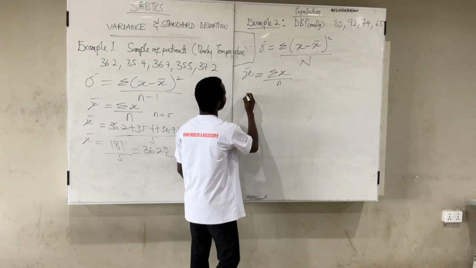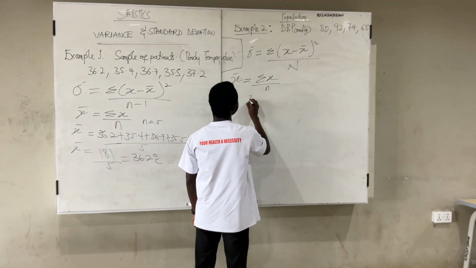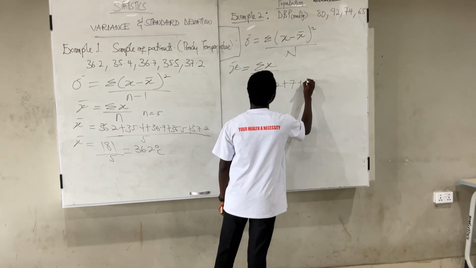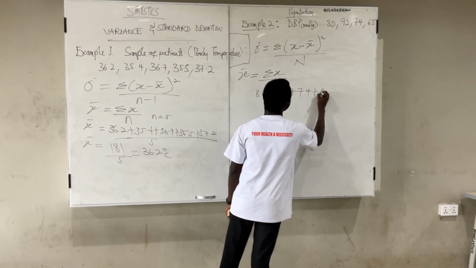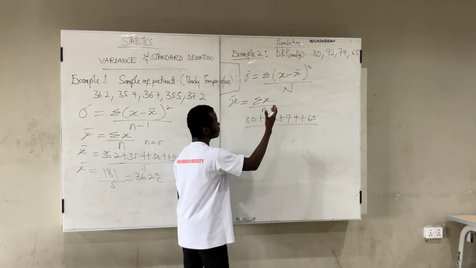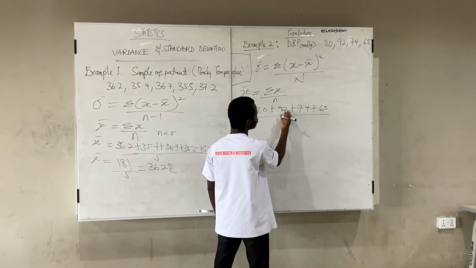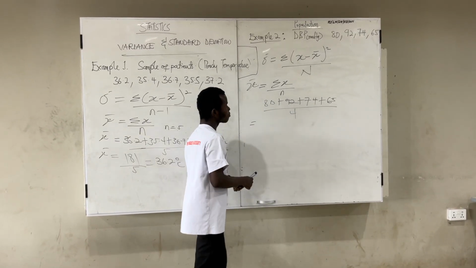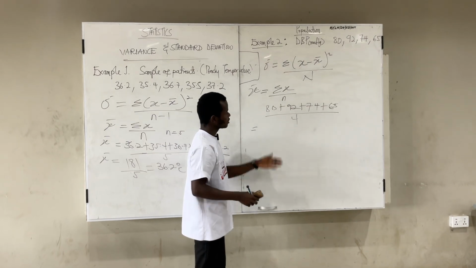So right now the sum of the data will be 80 plus 92 plus 74 plus 65, divided by the number of observations present, which is 1, 2, 3, 4.